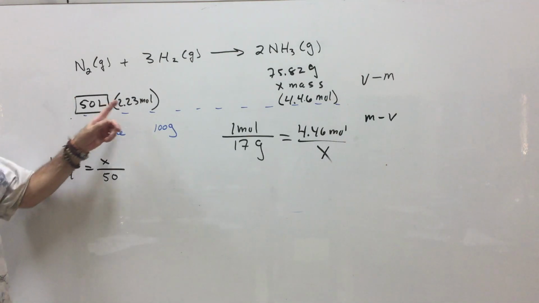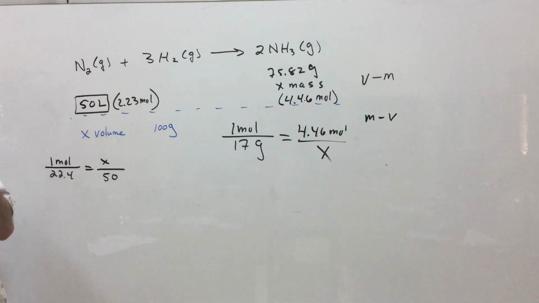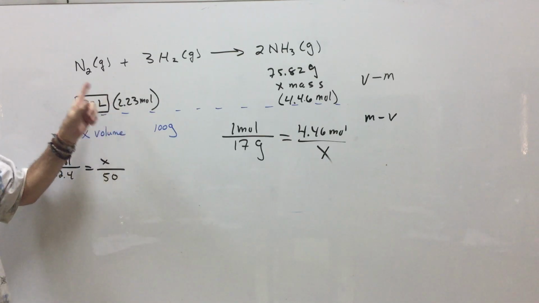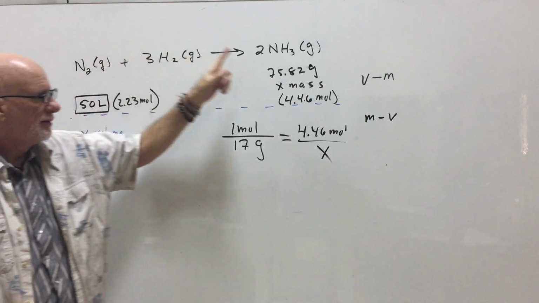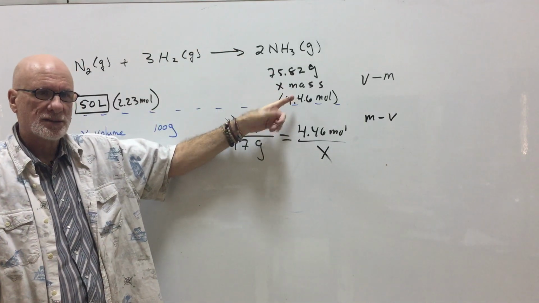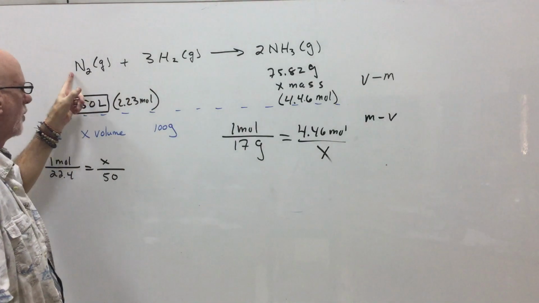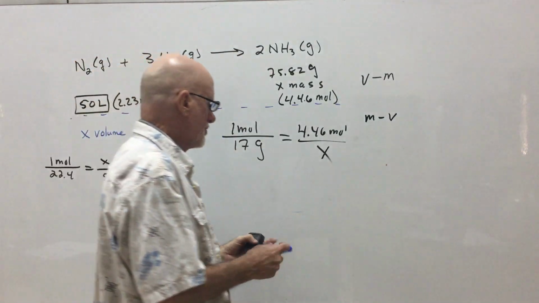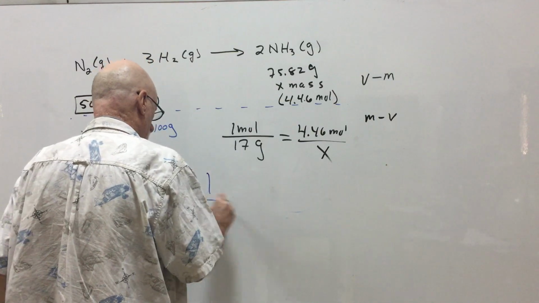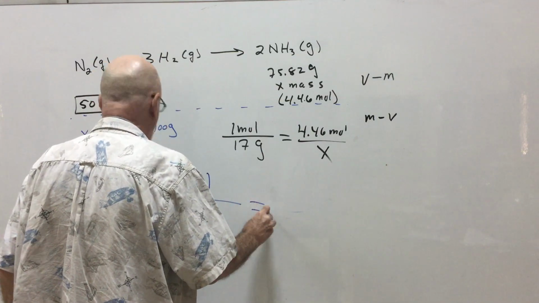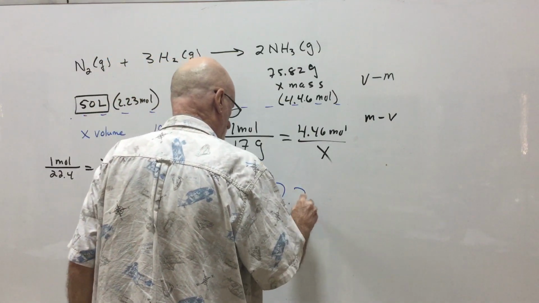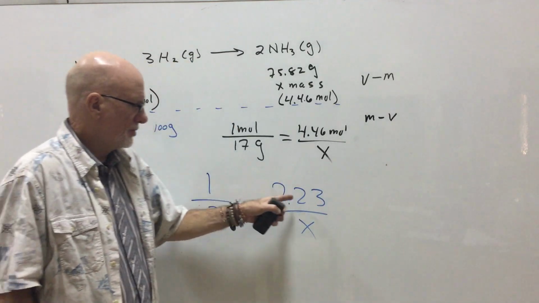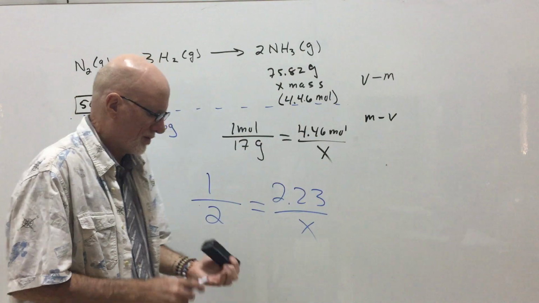Okay? Now, 2.23 moles. Right. Now we'll do a mole ratio. 2.23 becomes 4.46. Why? 1 to 2. Clear? So 1 over 2 equals 2.23 over x. So it's 2 times 2.23, 4.46.